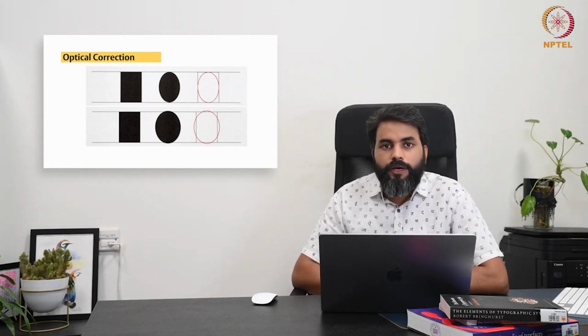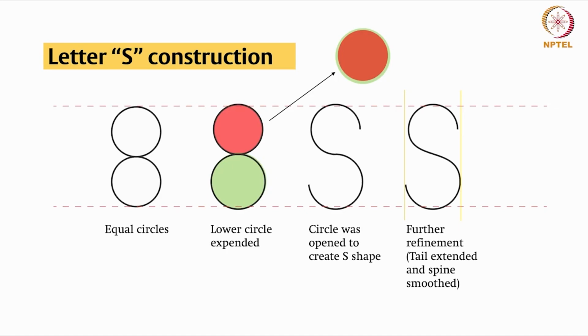Similarly, in letter S, though we feel like the top and bottom circles are of the same measurement, where equal circles have been used, it is not so. The lower circle always expands, right? And if you look at the image, it is shown in light green color.